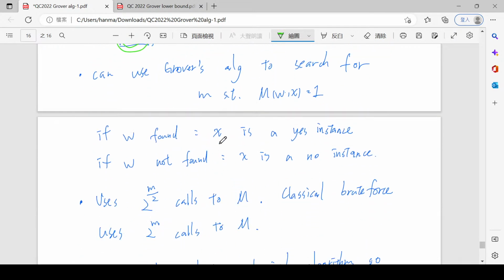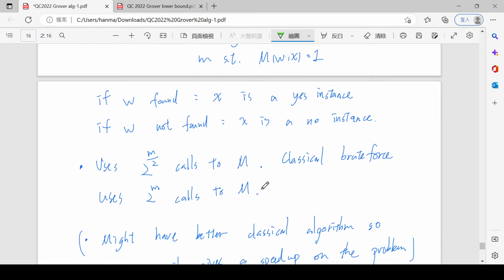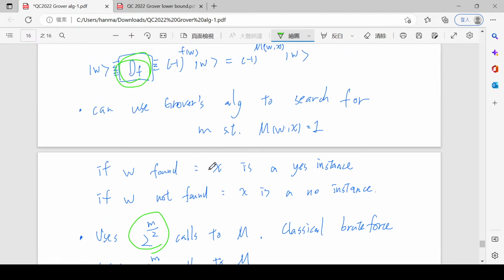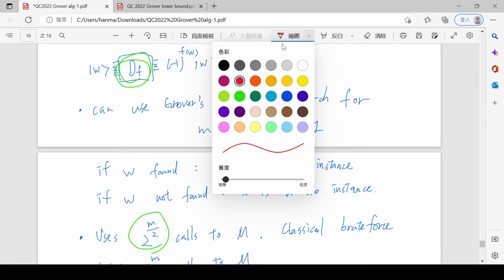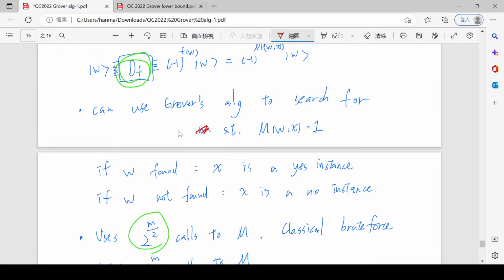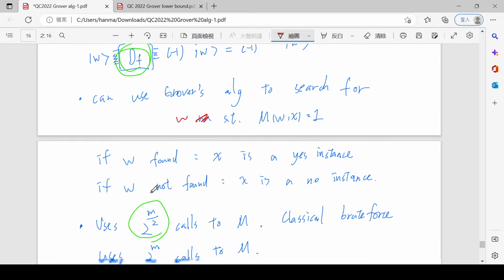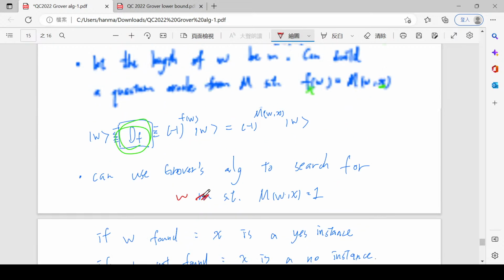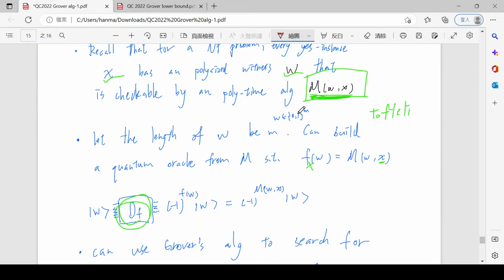And so this is a speed up of the brute force search algorithm, and it's only a quadratic speed up, so it's still pretty slow. In particular, it needs this many calls. I'm making a typo here, it should be W. The small m here is the length of your witness.